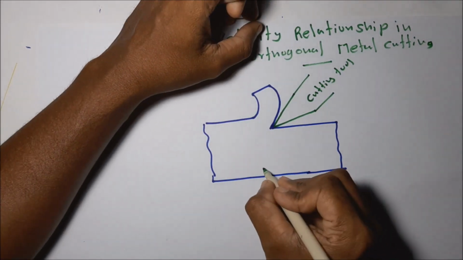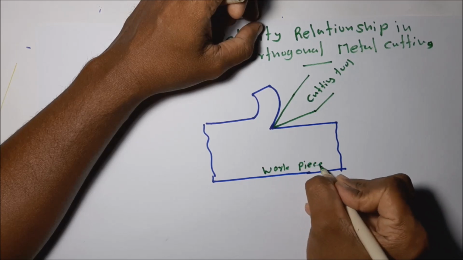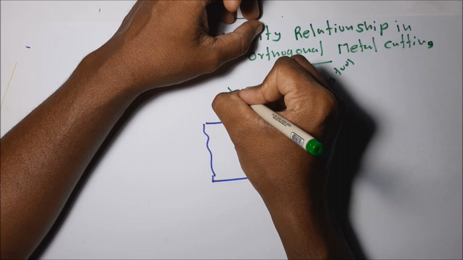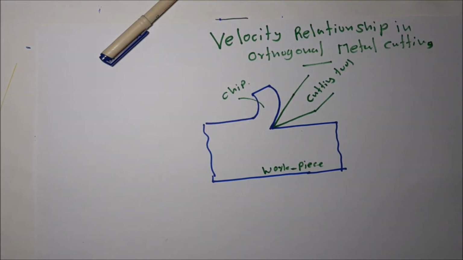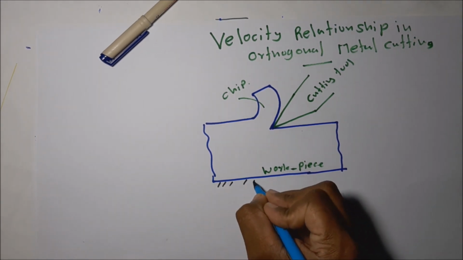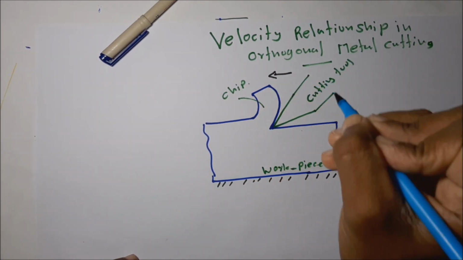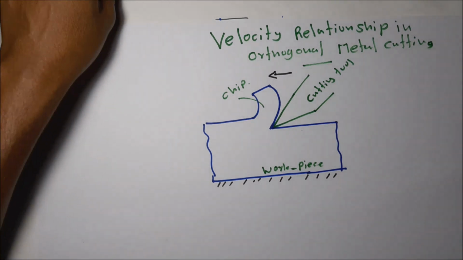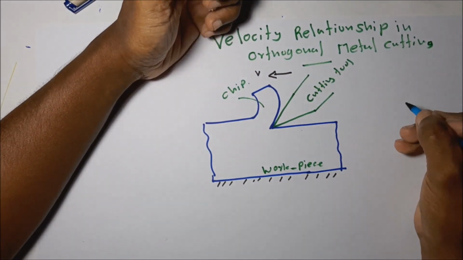Okay. This is the workpiece, the removing chip. Earlier we defined, let's take that the workpiece is mounted on the machine tool table. Then the cutter is moving with respect to the stable workpiece. Then this velocity is called V, the cutting velocity.